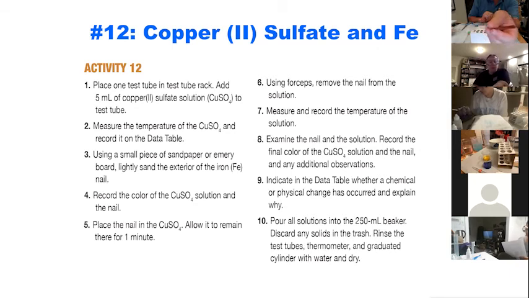The iron has swapped places with the copper. So some of the copper ions from solution are now stuck to the iron, become metal, and turn some of the iron into ions, which then went into solution. So that's another oxidation reduction reaction.